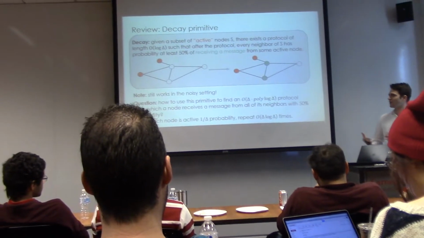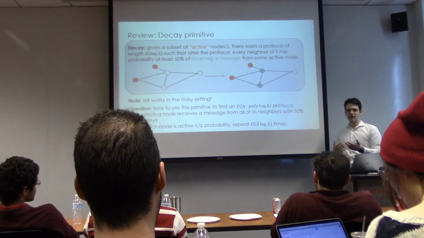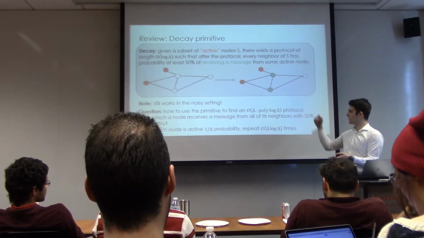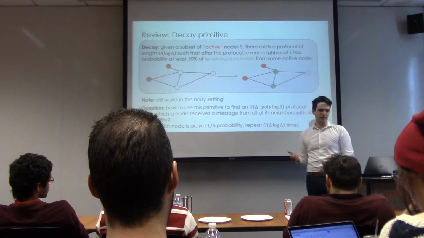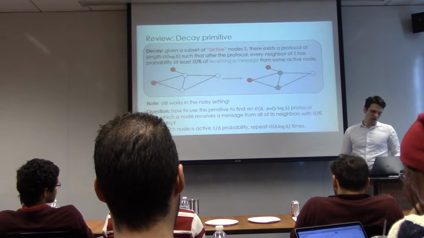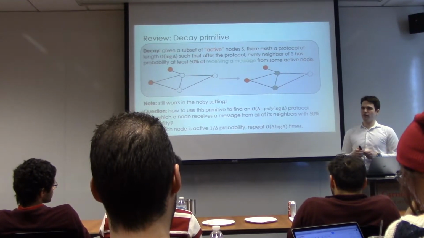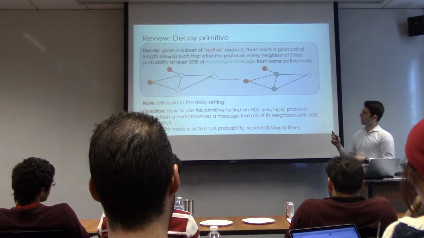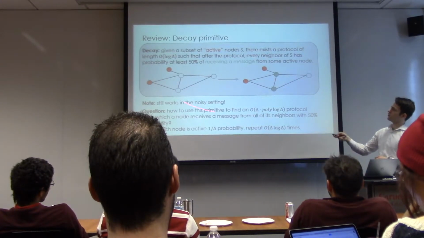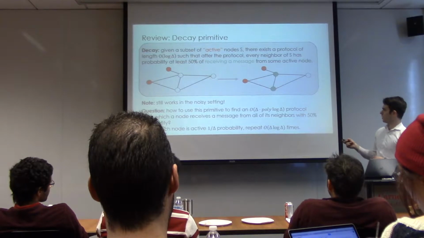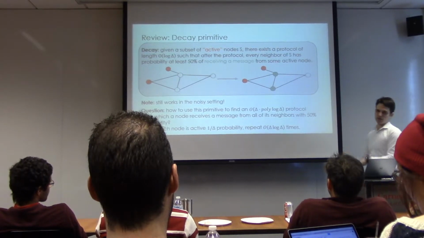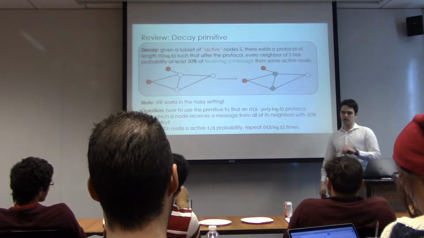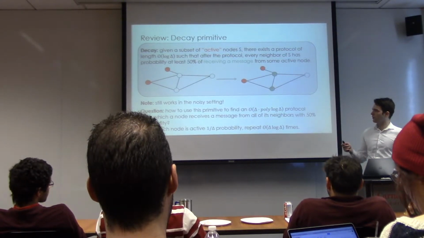So after delta rounds, the expected number of times it will happen is 1. And you add a log delta so that concentration kicks in and it all works out. The only thing you need to remember so far is that it's simple, and that after delta polylog delta rounds, you can share with all your neighbors, up to some probability of 50% that we don't care about but has to be there for technical reasons. So, good. Knowledge sharing works in delta polylog delta.